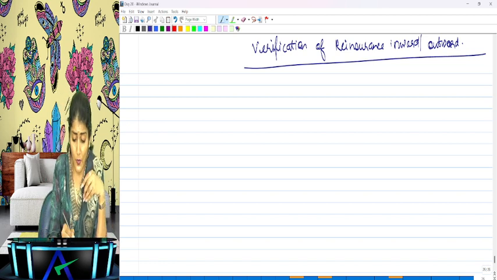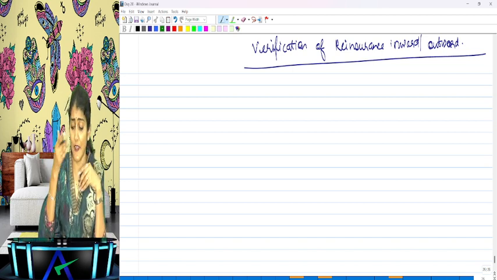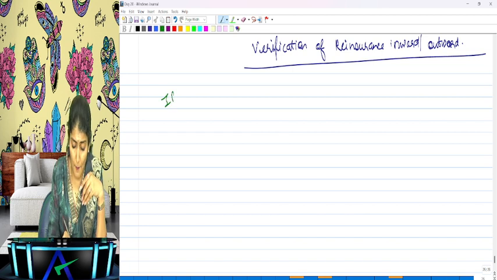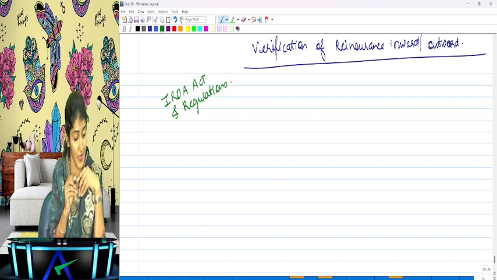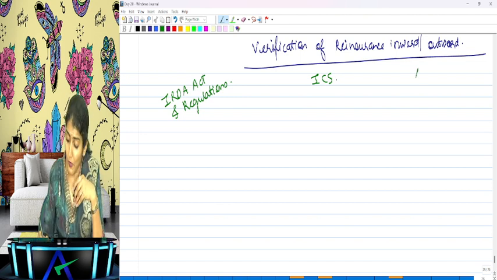So again, we are preparing a backup of what we can write in our answer for the verification of reinsurance inward and outward. Number one, for it to look like an insurance company question, you write that check compliance with the IRDA Act and the regulations. Then also verify the internal control system. Then also look into the company's approved program for entering into such type of reinsurance contracts.